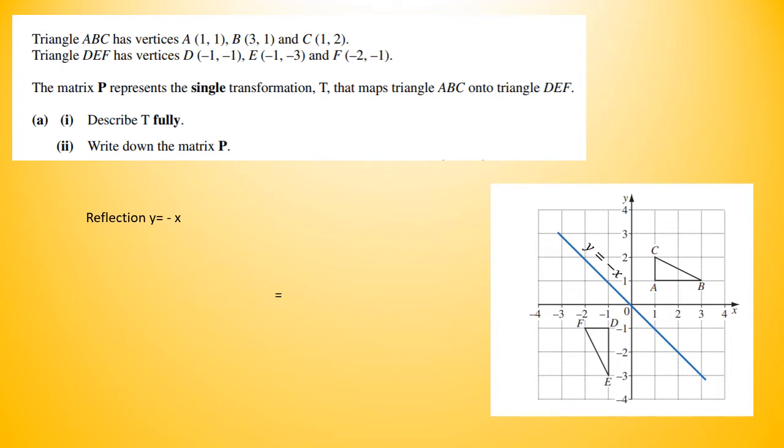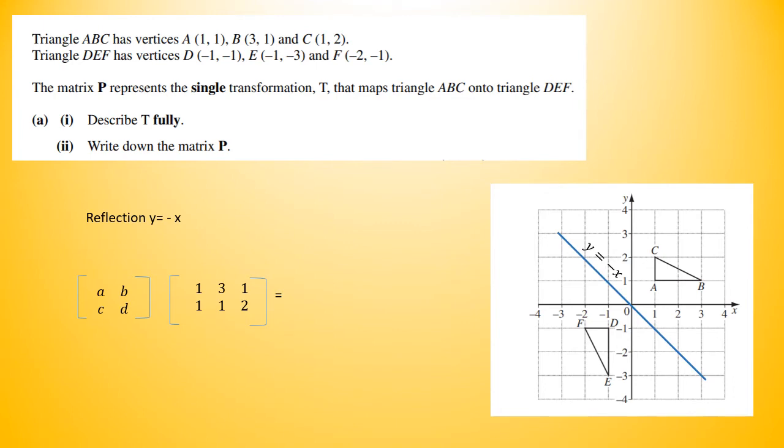Then they ask you to describe the matrix which maps triangle ABC onto triangle DEF. In my first video, I explained how to use a matrix to map two triangles. First, you write the transformation matrix, which is P. In this case, they have not given the matrix, so you just label it as a, b, c, d.